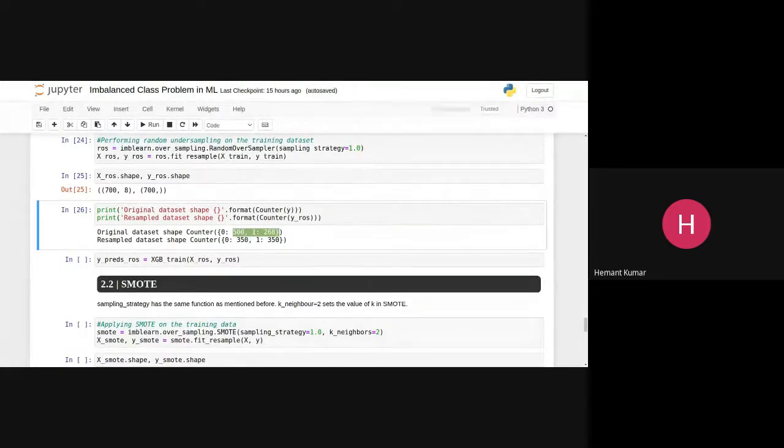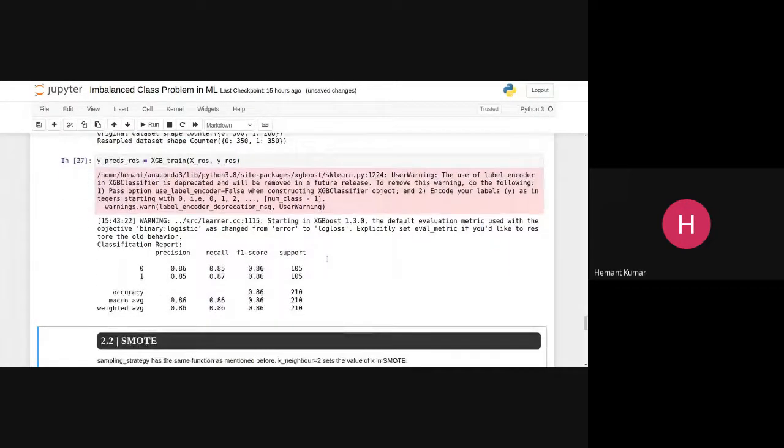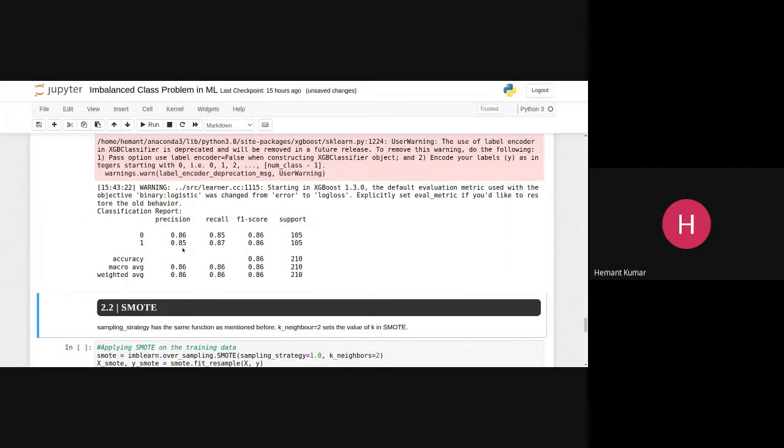We have to split our data set into training and testing. Then it is about 350 in X-train. And so we have to resample the minority to the majority, so it is 350 to 350. And we are using the XGBoost classifier in that concept. So here the precision is also improved, recall is also improved, and F1 score is also improved.